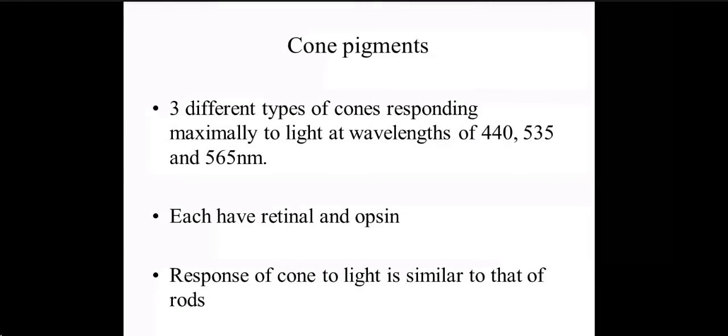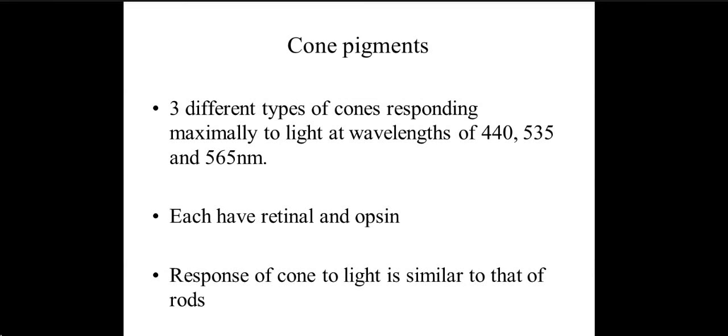Now there are different types of cone pigments. There are 3 types of cones responding maximally to light at wavelengths of 440, 535 and 565 nanometers. Each has retinal and opsin, which will come again later. The response of cones to light is similar to that of rods.